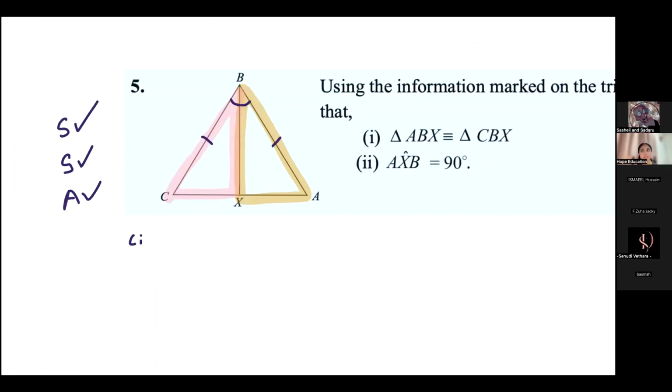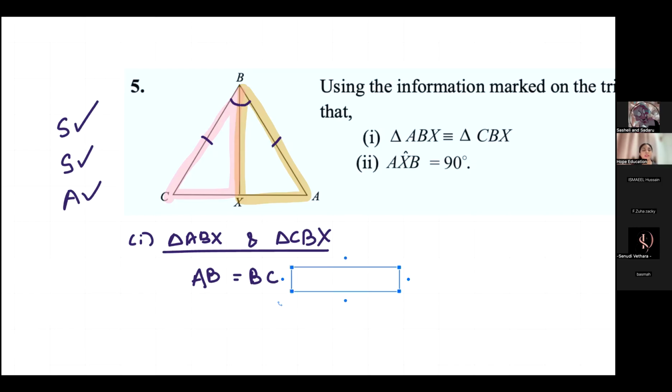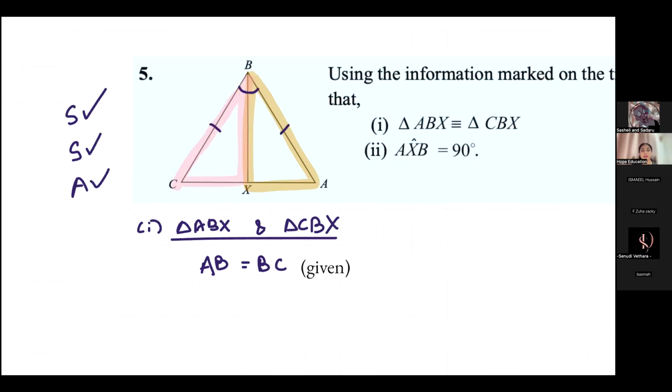Okay, so we will write the proof. The two triangles we are considering are ABX and CBX. In the ABX triangle, the side AB is equal to BC in this triangle, so I write AB is equal to BC, and for the reason I write given, because it's given. Then angle wise, in the ABX triangle, angle ABX is equal to angle CBX in this triangle.